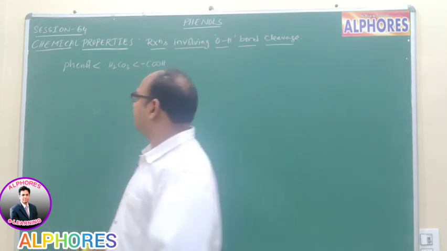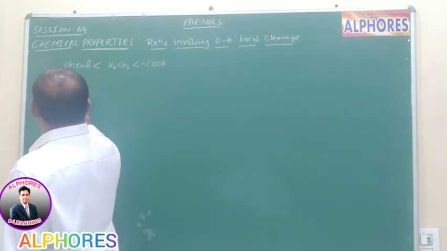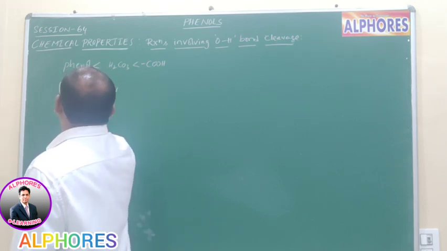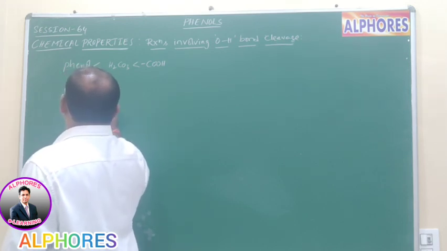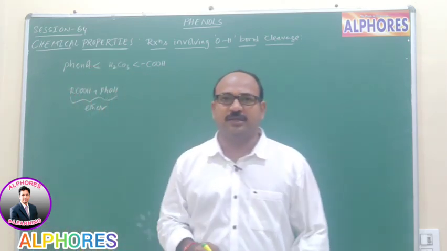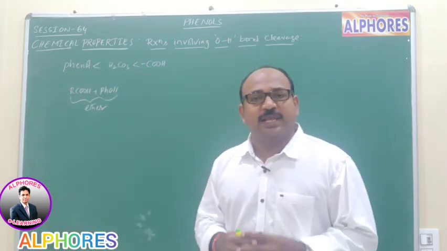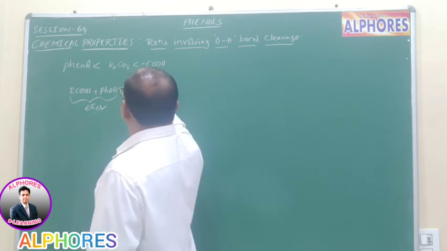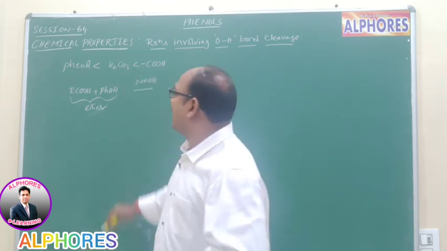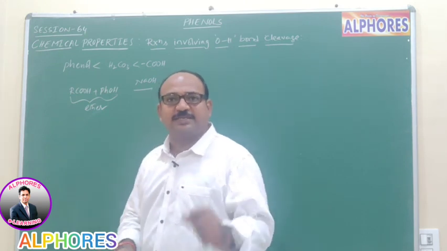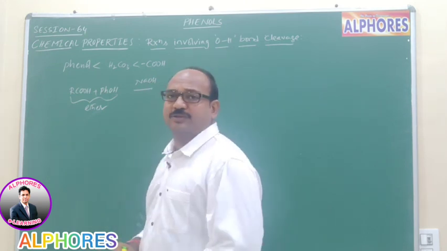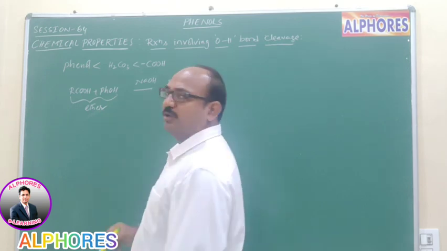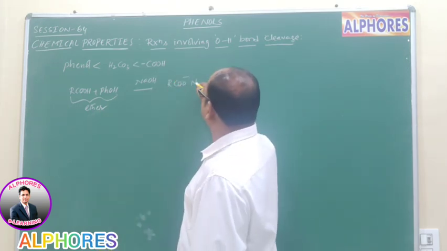Let us see. Suppose we have a mixture of carboxylic acid RCOOH and phenol in ether solvent. Upon reaction with sodium hydroxide, carboxylic acids, being acids, react with sodium hydroxide, hence the carboxylic acid converts into RCOO minus Na plus.